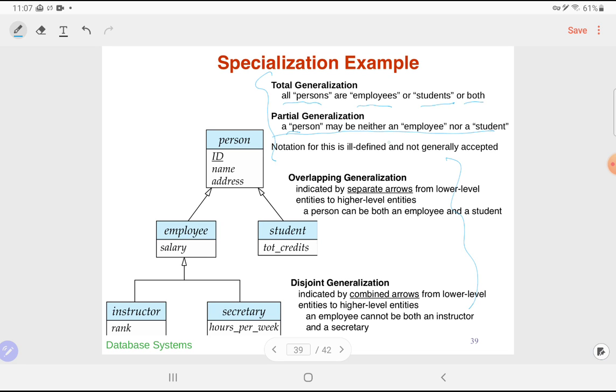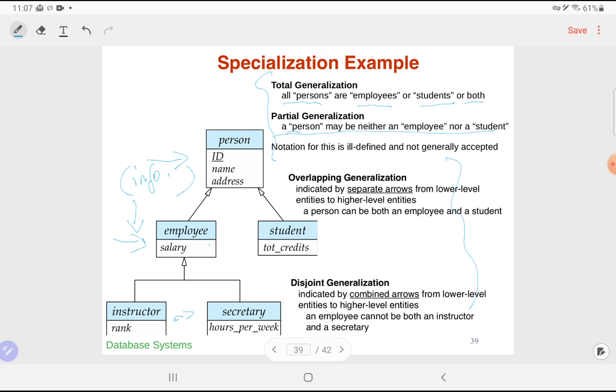If it is partial, then there will be people who are not employees or students. There will be employees who are not instructors or secretaries. Okay? If it is total, there will be no person who is not an employee or a student. And this is important because it basically amounts to, is there information here for which there is no additional information here?